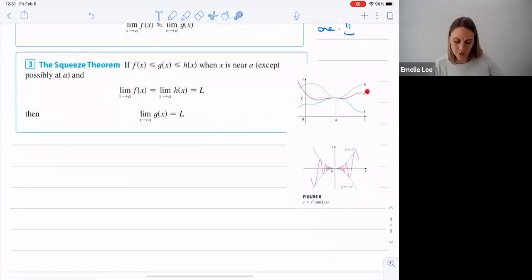If you have a function g and you're able to establish a function h and a function f that wrap around this function, especially around the point that you're interested in, then you can leverage that to find the limit, right?